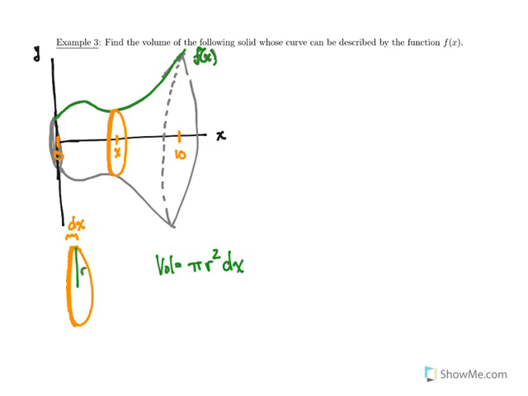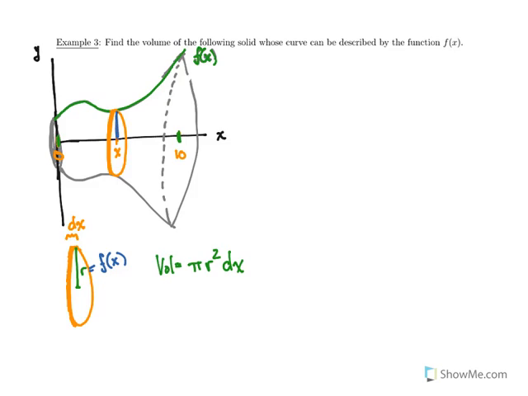In this problem, the value of r is changing depending on what x value we have. The r value associated with 0 is going to be much different than the r value associated with 10, and everything in between is going to have a different value of that radius. It has a different function value is what we're really saying. And that gets us to our next point, that this radius is actually equal to the function value at x.